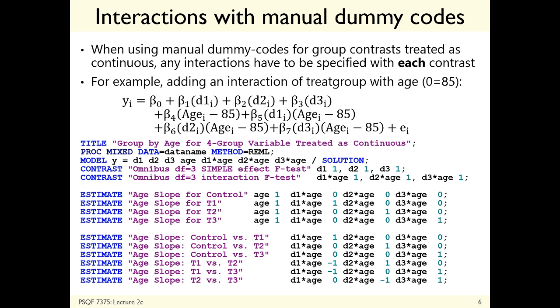So in total, if we look at just the first 2 lines here, age slope for control and age slope for treatment 1. The first line gives me the effect of age in control. The second line gives me the effect of age plus the interaction term for how the effect of age differs.